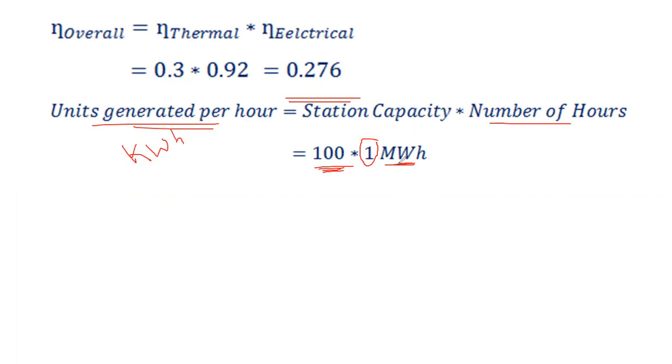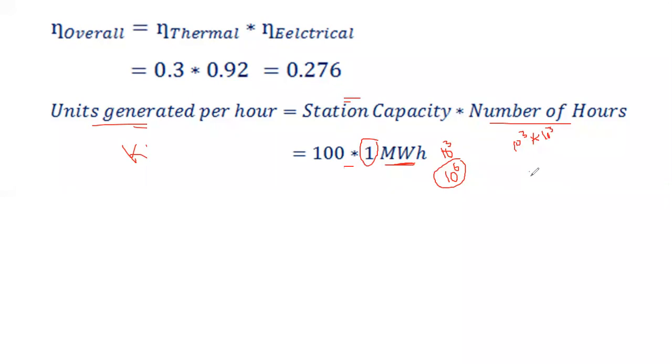Now here the unit is in megawatt hour, and we can split it into kilo. Kilo means 10 to the power of 3, but mega means 10 to the power of 6. We can split this value into 10 to the power of 3 into 10 to the power of 3, since a to the power of n into a to the power of m is a to the power of m plus n.